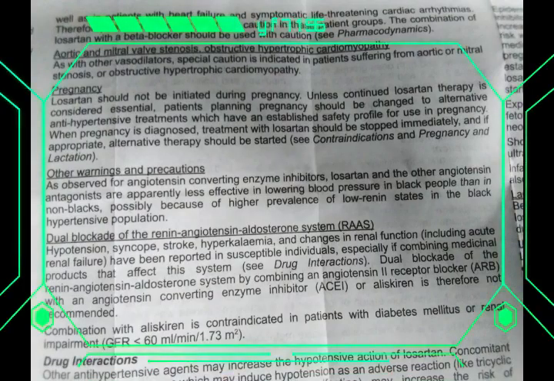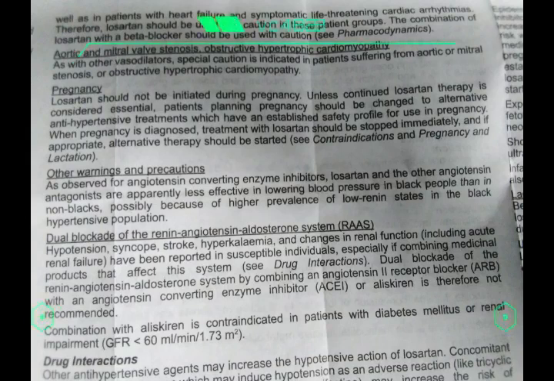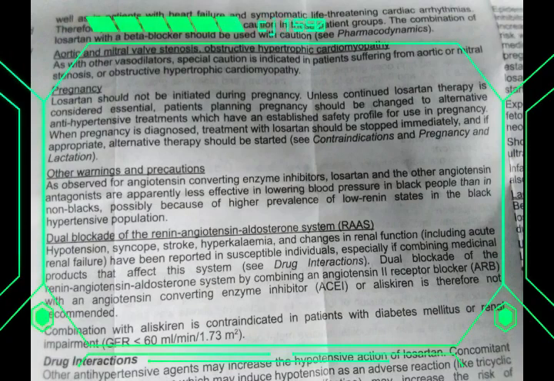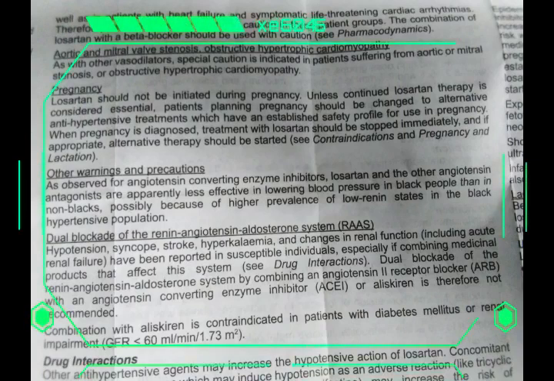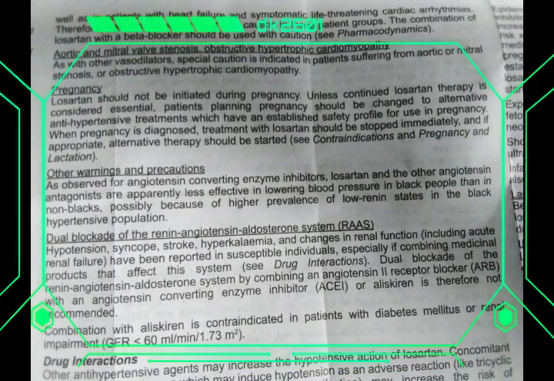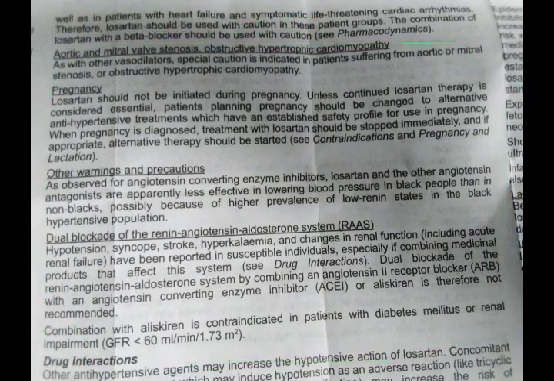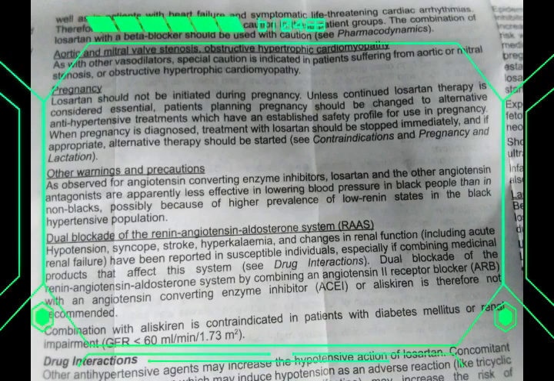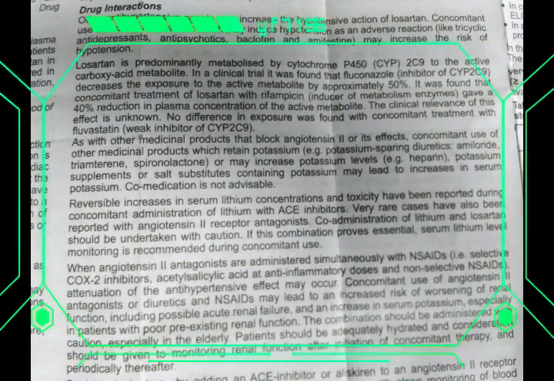Indications: treatment of essential hypertension in adults and in children and adolescents 6 to 18 years of age. Treatment of renal disease in adult patients with hypertension and type 2 diabetes mellitus with proteinuria greater than or equal to 0.5 gram daily, as part of an antihypertensive treatment.